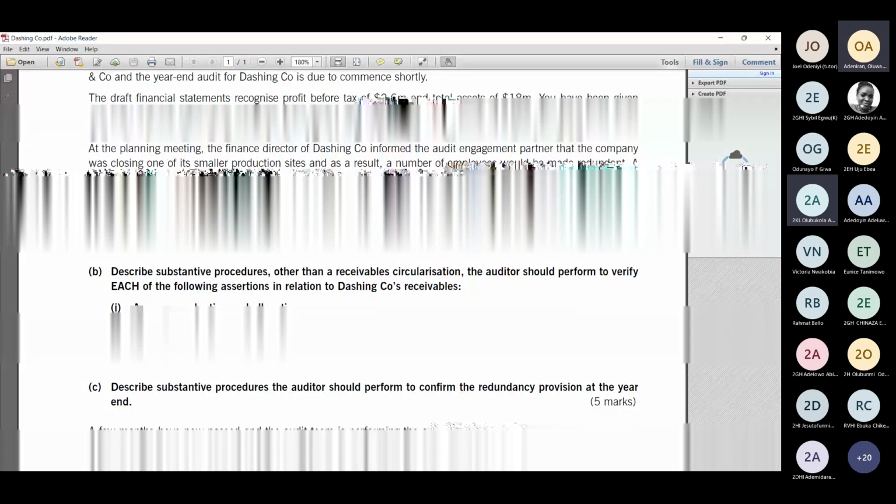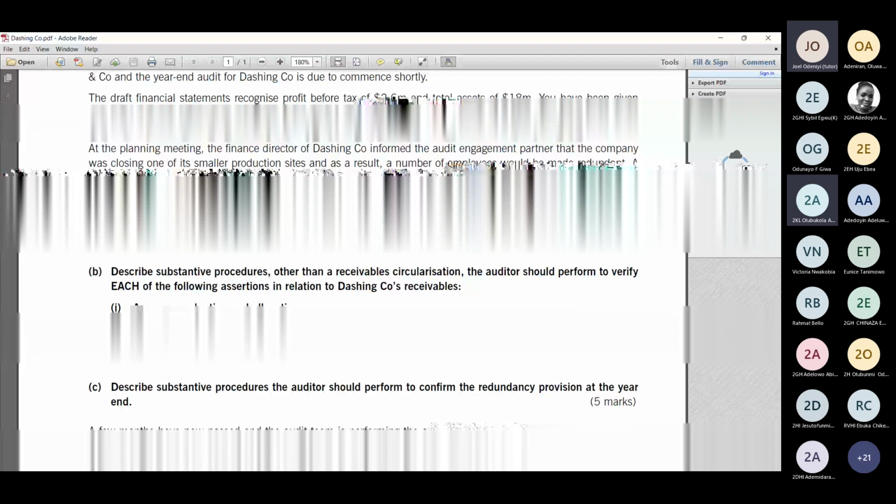Okay, so what about working it back, like agreeing the balance from the sales ledger to the receivables listing? Again, I understand when you agree balances, you're doing more of valuation in that case, right?